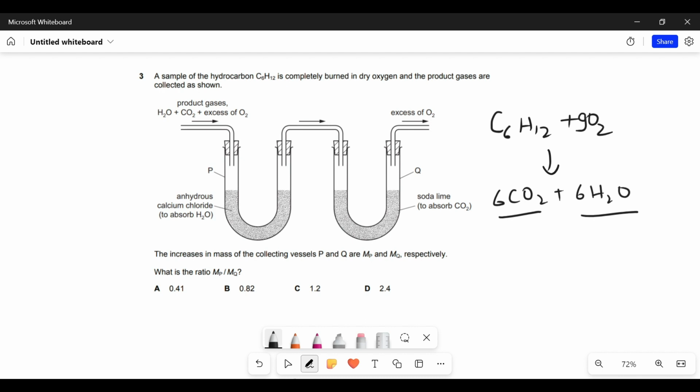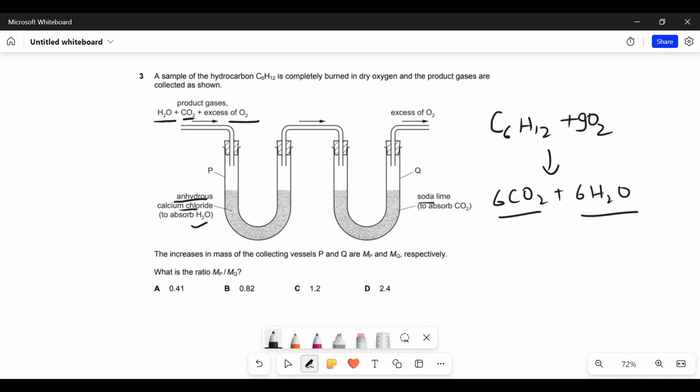So the product gases contain H2O, CO2 and excess O2. When these product gases are passed through these vessels, in vessel P, we can see that it contains anhydrous calcium chloride, which absorbs H2O. After passing through this vessel, the product gases pass through vessel Q, which contains soda lime, and it absorbs CO2 and excess O2 is released.